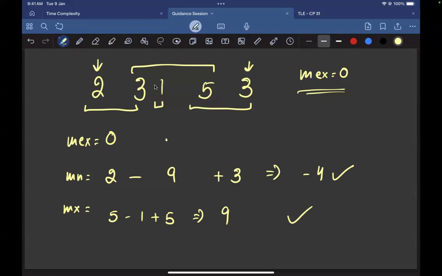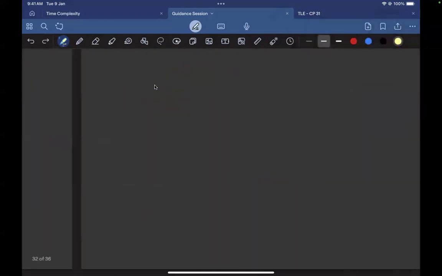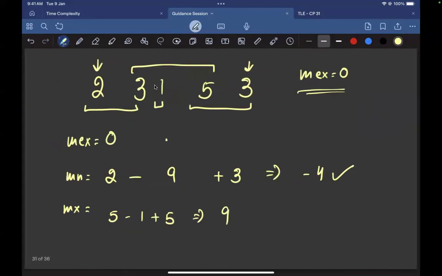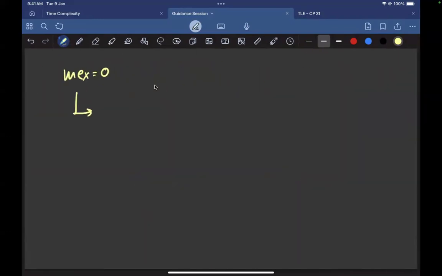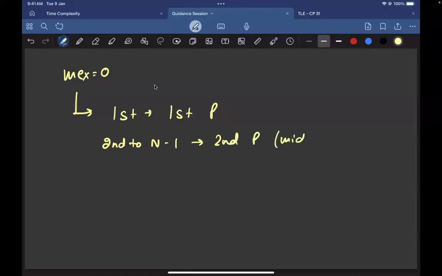So we will say that if max is equal to 0, you will run the idea of the first element being the first partition. Elements from second to n minus 1 will be your second partition or middle partition, you can say. And then the last element or the nth element will be your third partition. This gives you mn value.